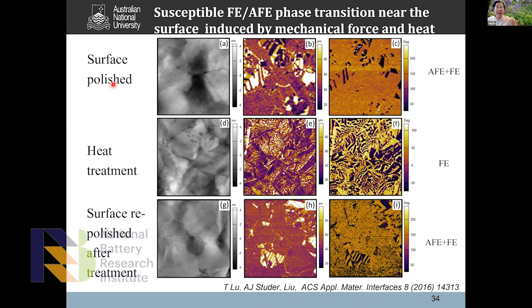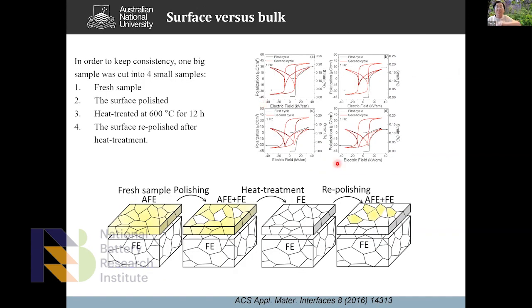But for the other 3 samples we characterized the polarization domains, and we found the polished surface is 2-phase, after heat treatment it is 1 phase, and after polishing again it is 2-phase again. When you look at the bulk property, we put an electrode on both sides of the ceramic, and we found the property doesn't change. It's ferroelectric.